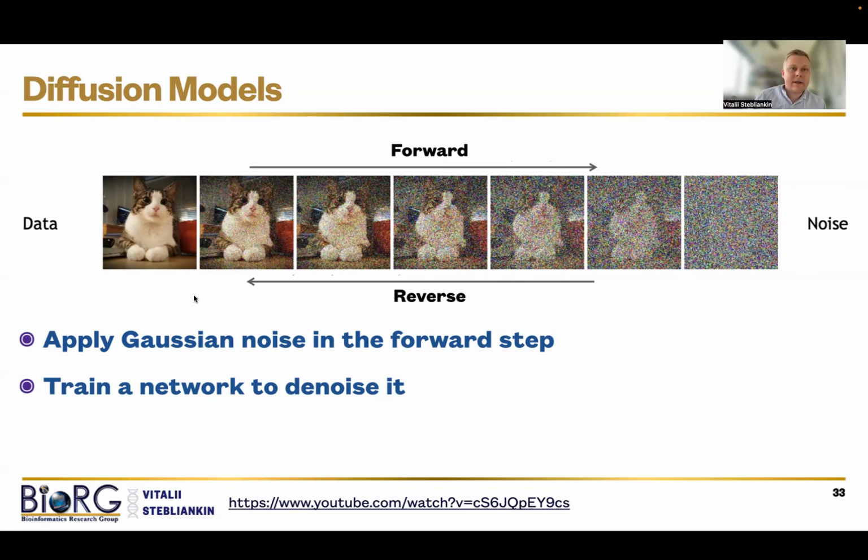So if we have a sufficient data set, then once the model is trained, we can provide only this noisy image, and the model should be able to generate a clear image like this. So in fact, all famous models like Midjourney and DALL-E use a combination of transformers and diffusion models.